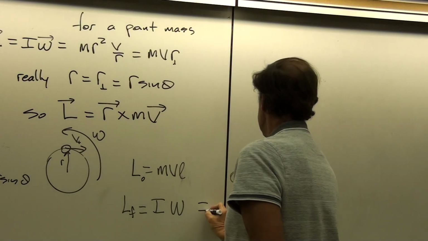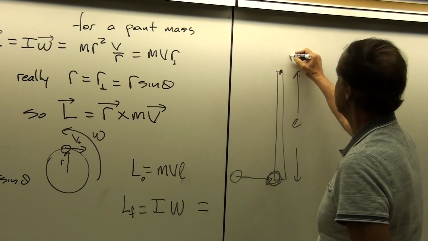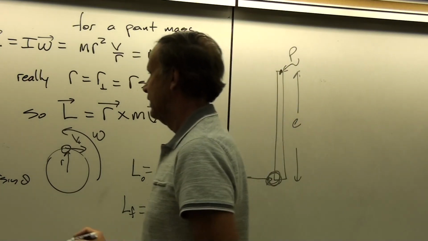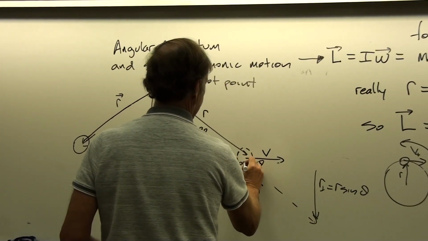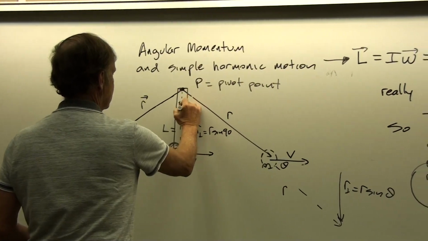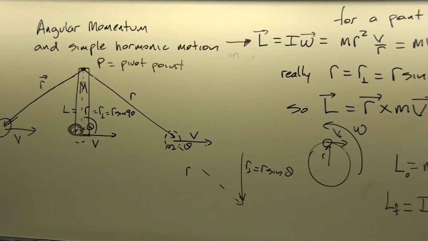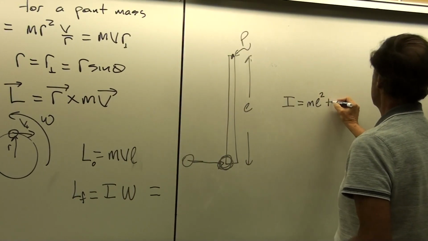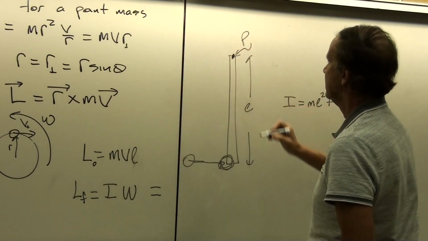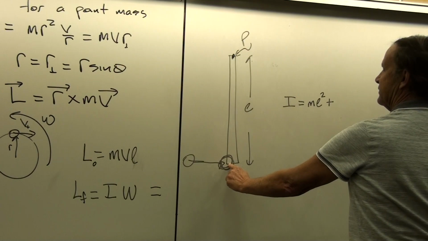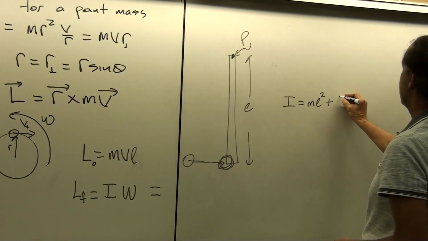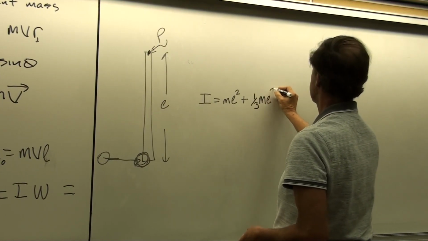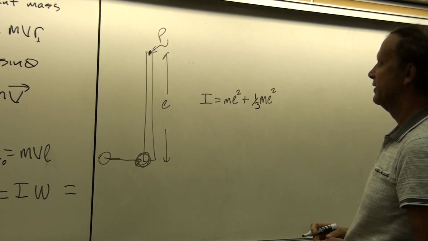And the I value now, once these things are in contact and it's rotating about this point P, is going to be equal to, well, if this mass here is little m, and the mass of the rod is big M, then I would be equal to little m times L squared plus, if we rotate this rod about its end, using the parallel axis theorem, we get 1/3 M L squared. So that is our moment of inertia.